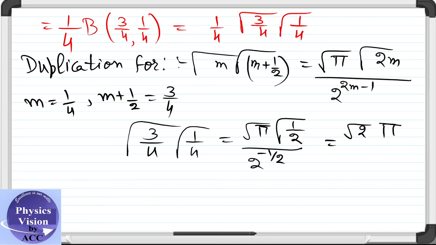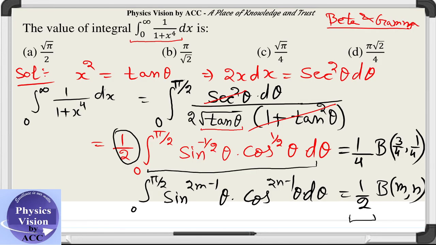Okay, but since there is a 1 by 4 factor over there, we'll divide this by 4. So our answer is pi root 2 by 4. Pi under root 2 by 4, that is option D, seems to be the correct answer to this question.